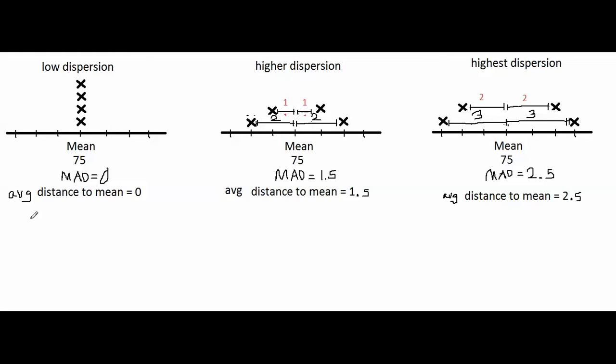So when you calculate the MAD, you have a column of data, which in this case are the exam scores of the 4 students. In this class, all 4 students had an exam score of 75, so that's my data.